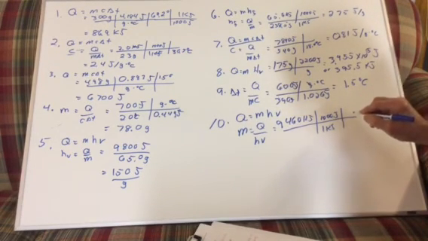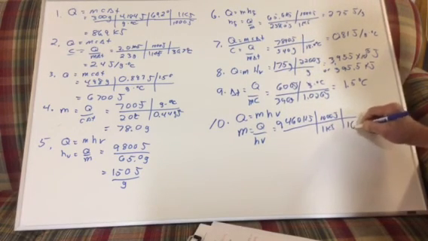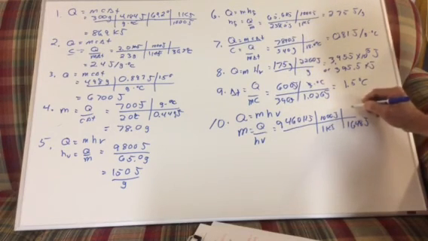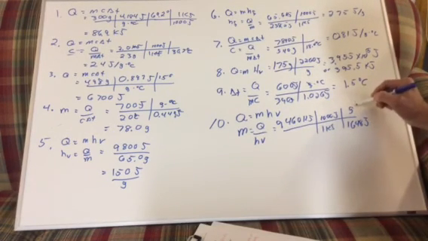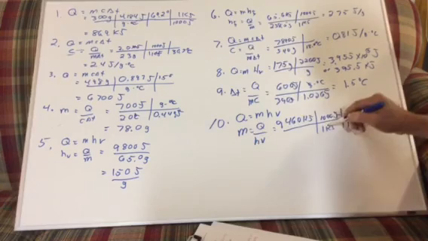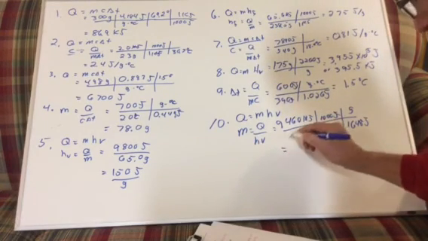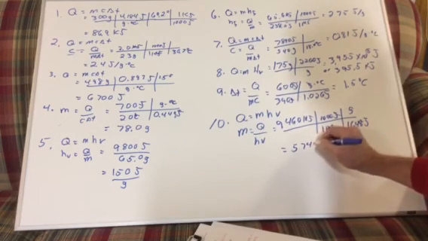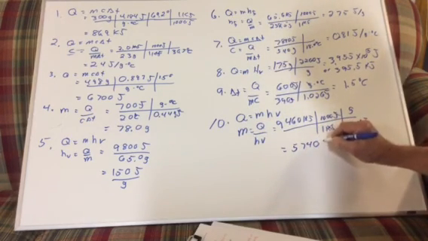And I had to look this one up too. The heat of vaporization for gold is 1,648 joules per gram. And you can see that joules cancels, kilojoules cancel, you're left with grams. And the answer is 5,740 grams of gold.